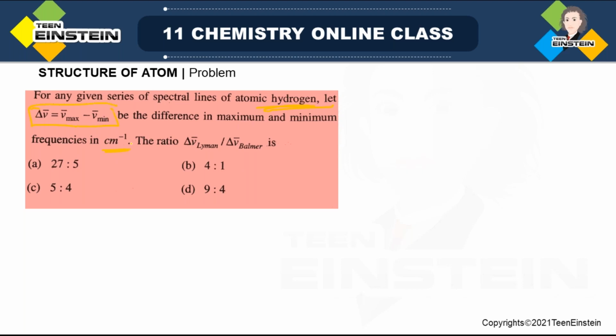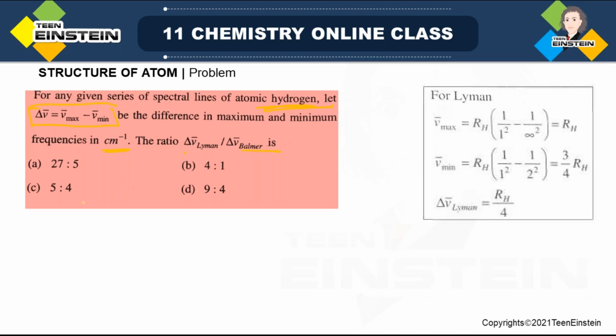Because it is nu bar, the unit will be centimeter inverse. Okay, so this del nu bar you have to find for Lyman, you also have to find it for Balmer, then take the ratio. Options are there.